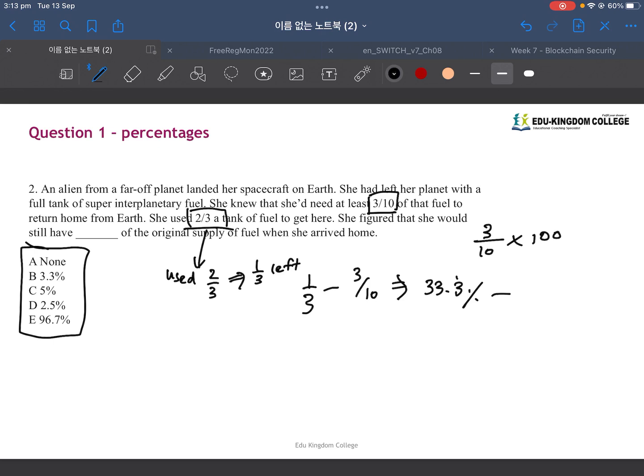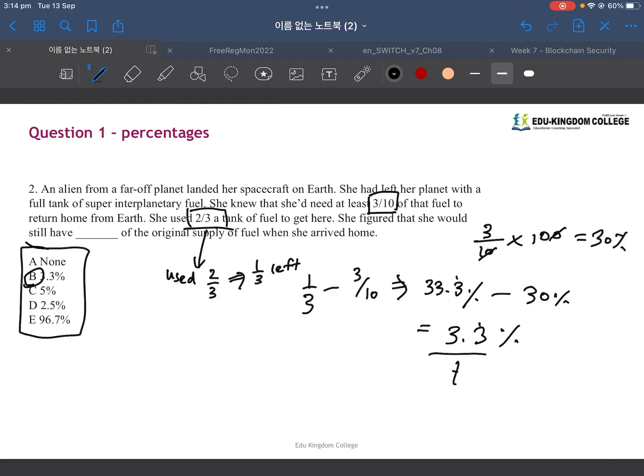Remember, when we're converting from fraction to percentage, we always times 100, so it's 30%. So 33.3 recurring minus 30% is going to be equal to 3.3 recurring percent. That means that our answer is B, 3.3%.